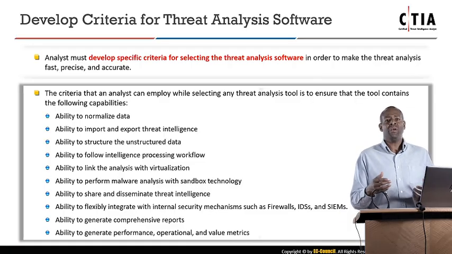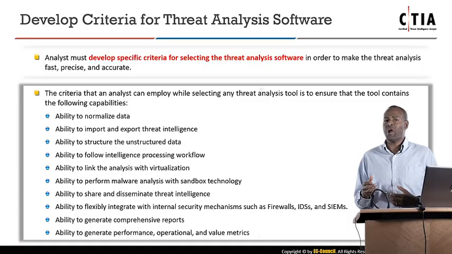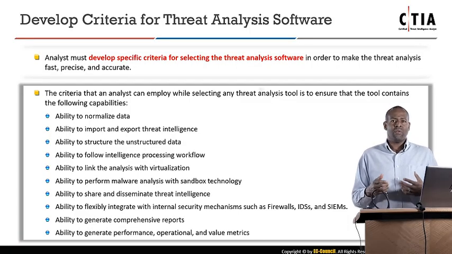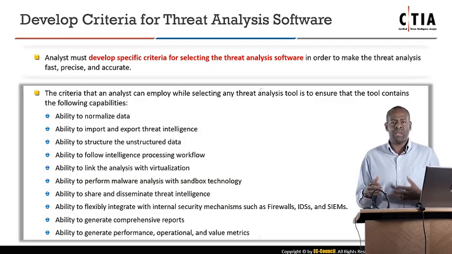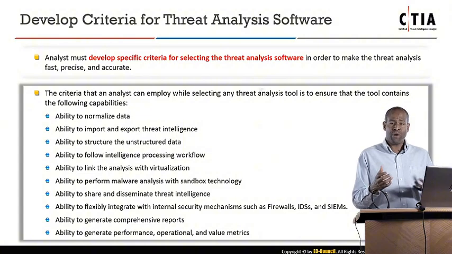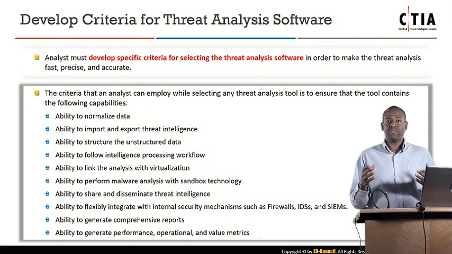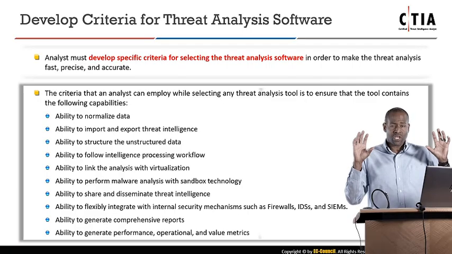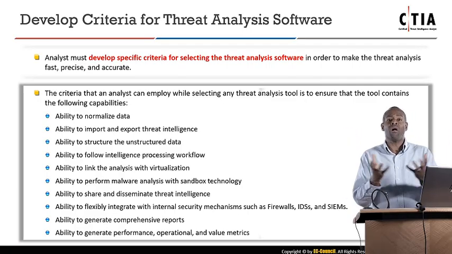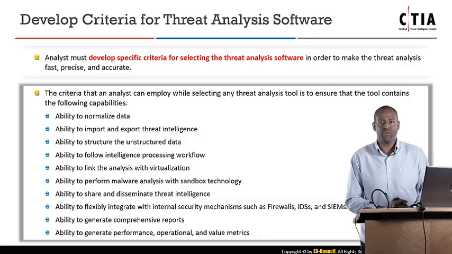Another engineering team that's designed and put together your firewall infrastructure with your IDS and IPSs. There's another team that worked on your SIEM and so on. So the problem with all of that is that they may not talk to each other in a way that will allow that threat analysis software to communicate with them in an overall overview.